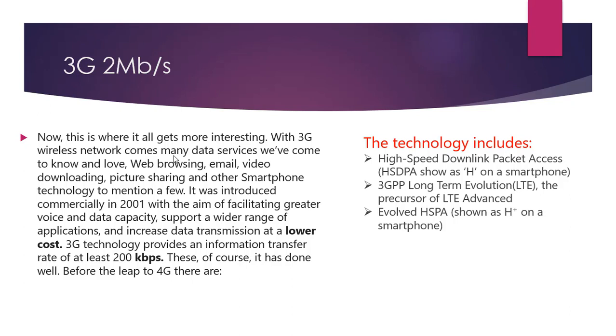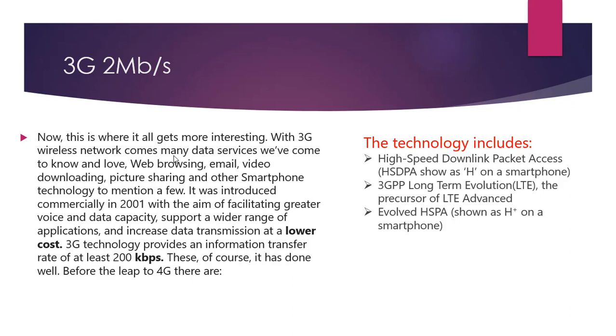Now let us go through the text. This is where it gets more interesting. With 3G wireless networks come many data services we have come to know and love: web browsing, emails, video downloading, picture sharing, and other smart technology, to mention a few.